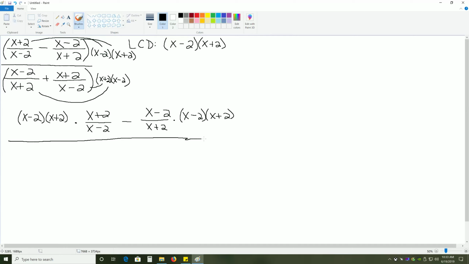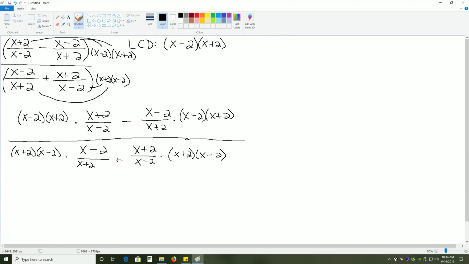All over, and now this will be our denominator. We have x plus 2 times x minus 2. Again, the term being distributed, the order doesn't matter, times x minus 2 over x plus 2 plus x plus 2 over x minus 2 times x plus 2 times x minus 2.